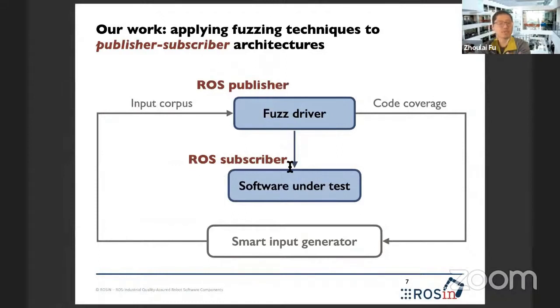So the publisher can be used as a fuzz driver from the fuzzing perspective. As long as we have generated a fuzz ROS publisher, that is the fuzz driver, and it invokes the ROS subscriber, then we can run the fuzzing backend to find inputs for the ROS publisher and test ROS subscribers here. In this way, we are able to find the inputs that may potentially crash the ROS subscriber.